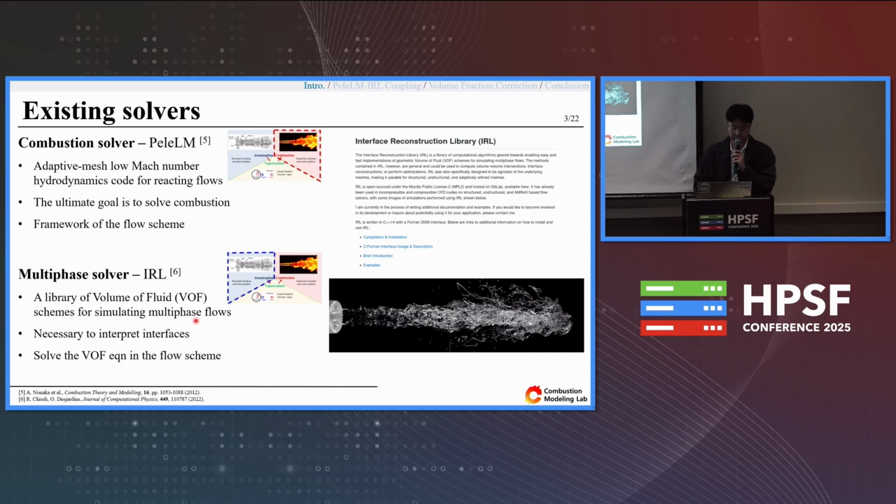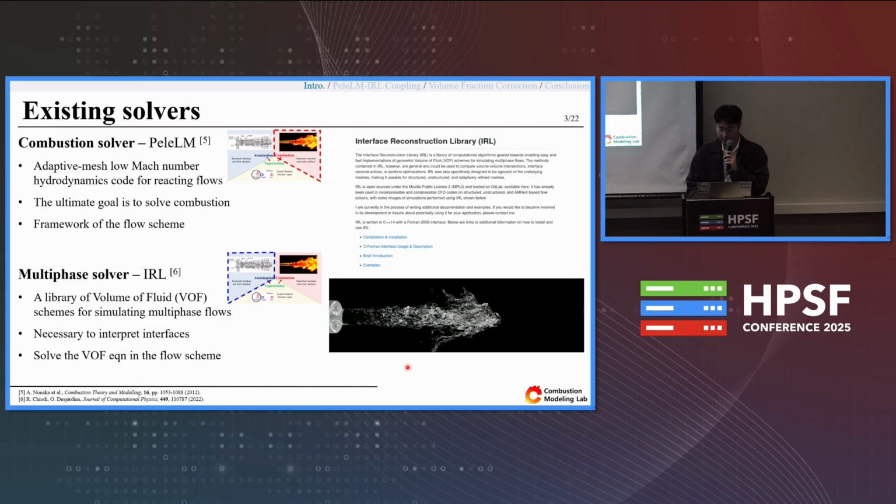It is necessary to interpret the interfaces of liquid and vapor, and it solves the volume of fluid equations in the flow schemes. This simulation uses IRL for liquid atomization like this.